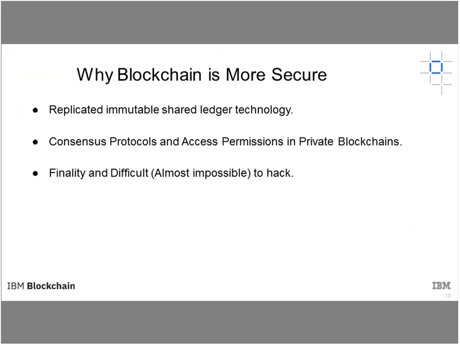But whenever you try to change any transaction, immediately your ledger will be synced with the other ledgers, because a majority always decides inside the blockchain, like the PBFT consensus used in Hyperledger technology.